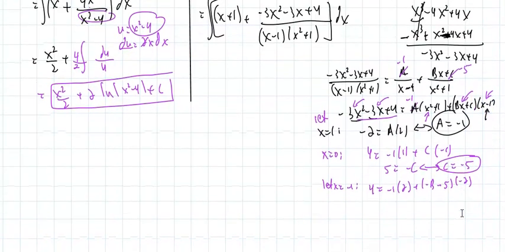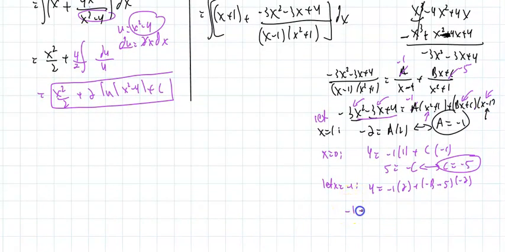I'm done. That is 4 equaling negative 2 plus 2b plus 10, so that is 8. Negative 4 equal 2b, so b is negative 2.